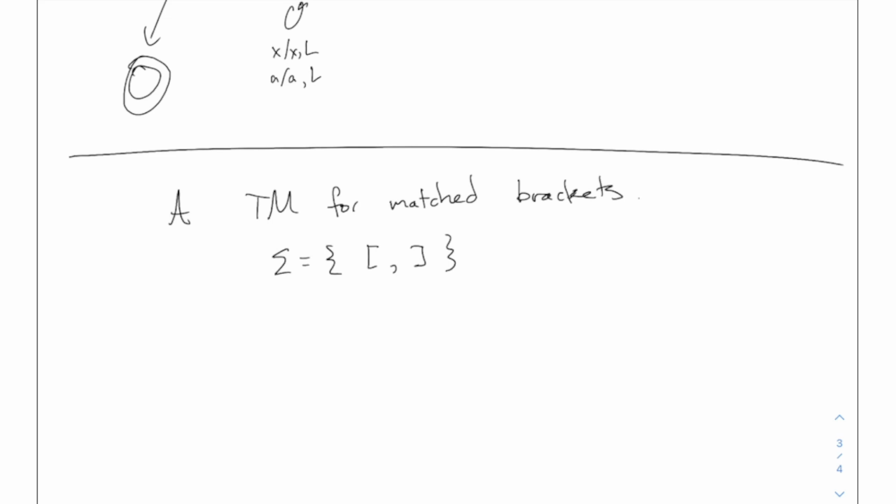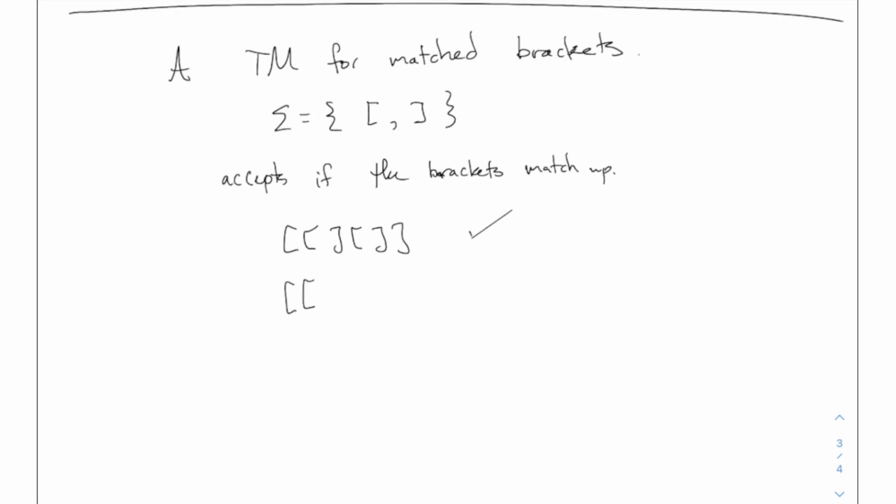It accepts a string made up of brackets, except if the brackets don't match up appropriately. So, for example, this is accepted, right? Because those brackets are balanced appropriately.